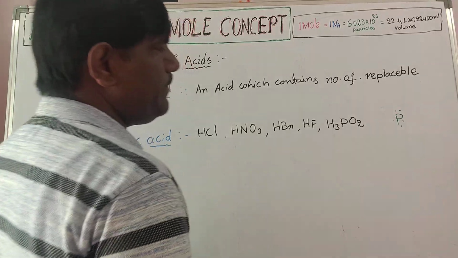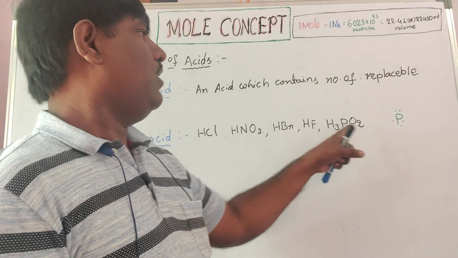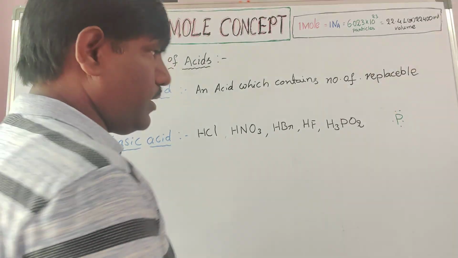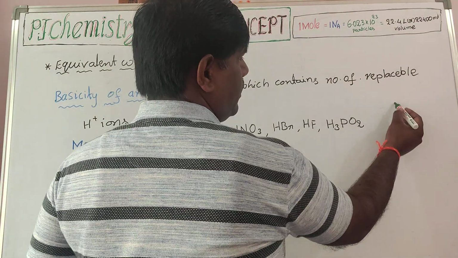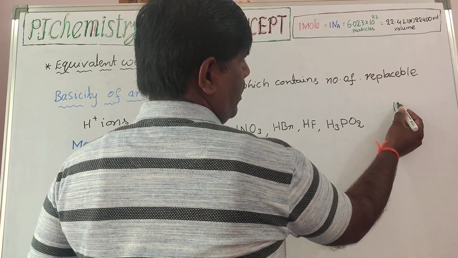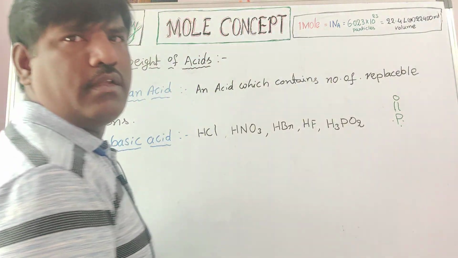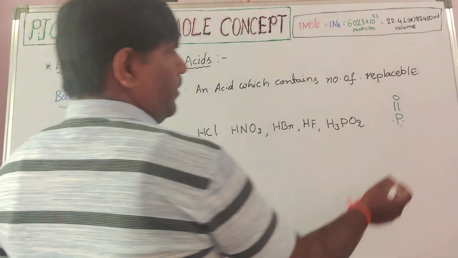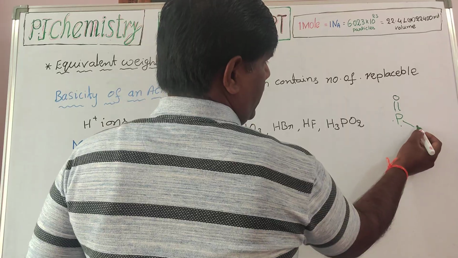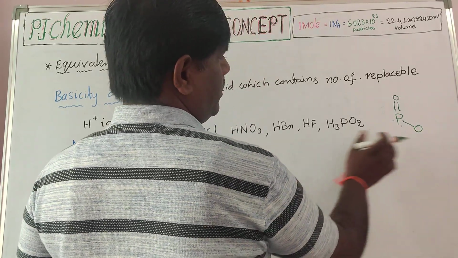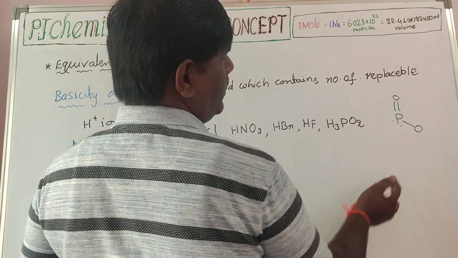How many oxygens are there in H3PO2? Two oxygens. One oxygen we take as a double bond. One more oxygen is bonded with a single bond directly to phosphorus. How many hydrogens are there? Three hydrogens.